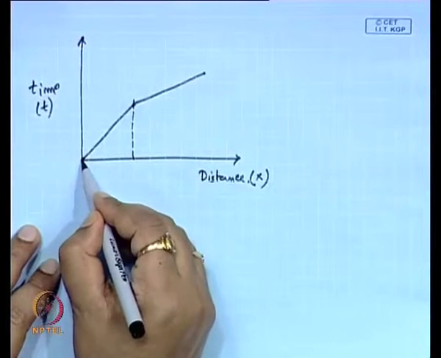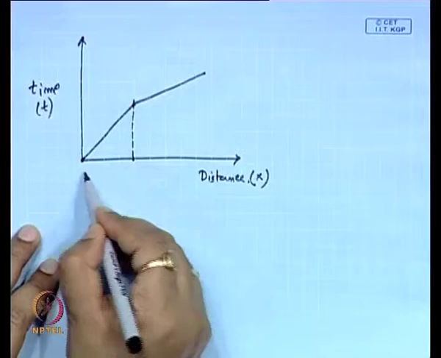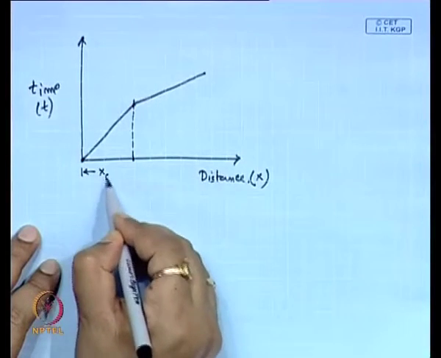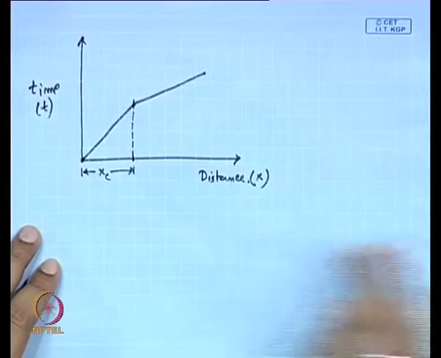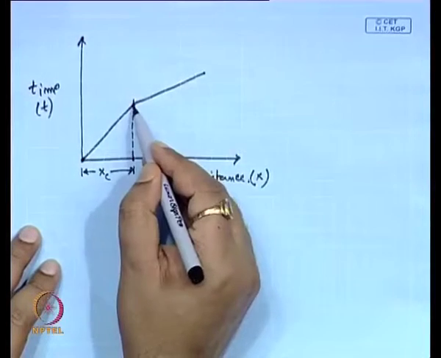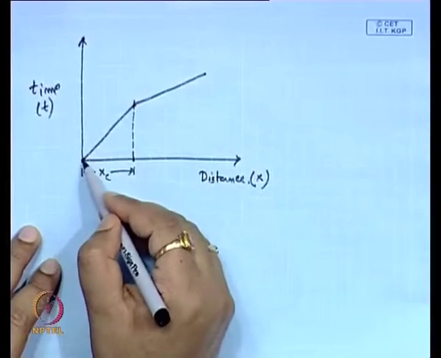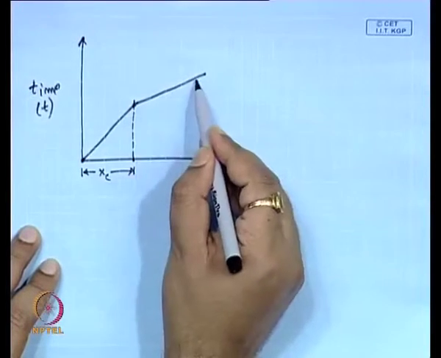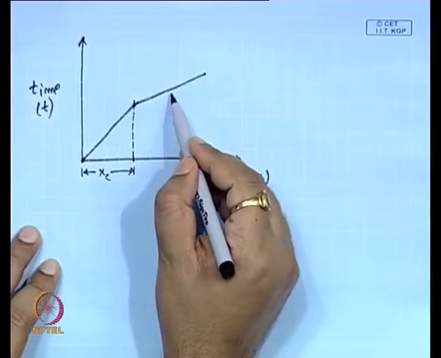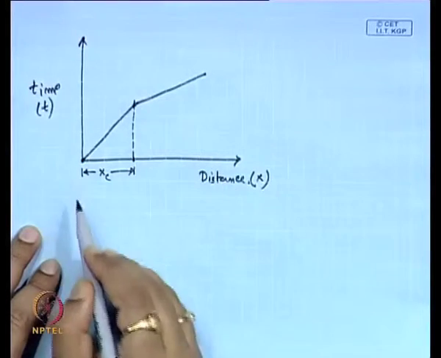From the initial point to this point, this gives us the critical distance, because up to the critical distance it follows expression 1, that is, the first arrival time of the direct ray. This graph represents the time versus distance of the refracted rays.